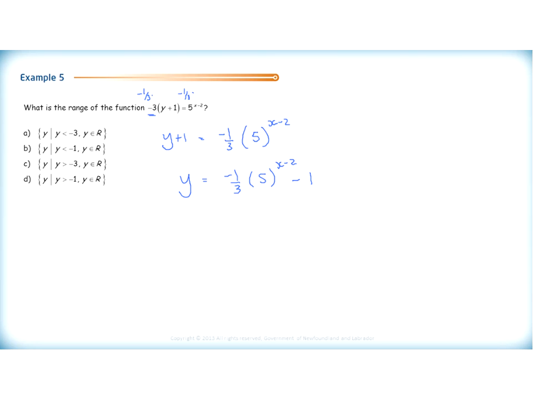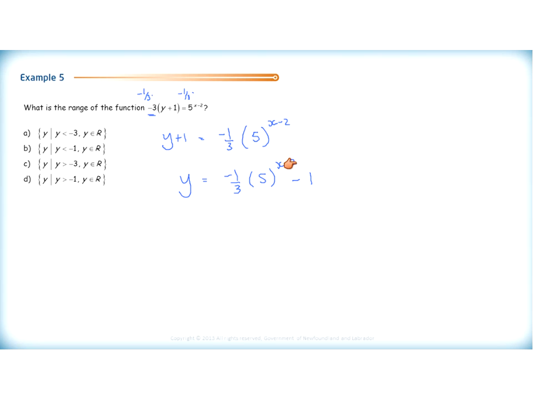Now some of you may have learned how to deal with this in transformational form rather than in functional form. And that's fine. If you can do the mapping rule or whatever you need to do in this form, you go ahead and do that. I'm going to be doing it in this form here. Now, I'm not sure if you recall what I covered earlier, but I said that the only 2 things that affect range are the values of A and the values of K. The exponent here will not affect your range.